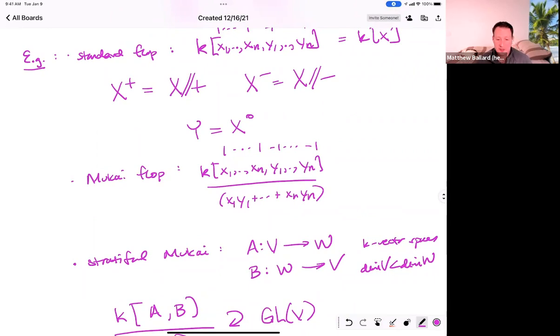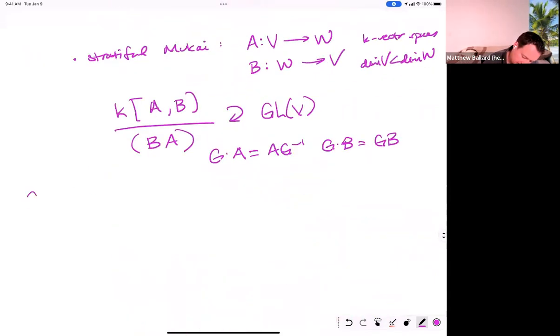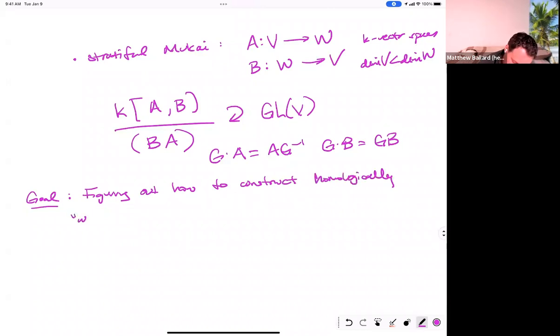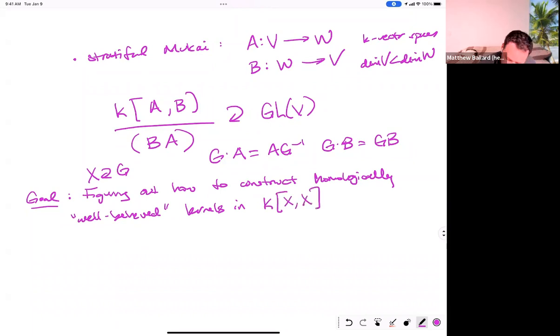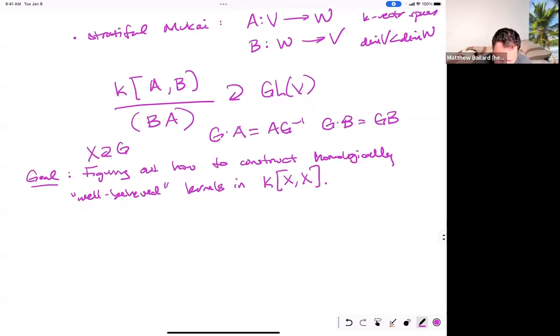So what I'm going to be interested in is, can we figure out a way to construct interesting, homologically well-behaved kernels, where I have G acting on rings of functions on X cross X. Again, for simplicity, I'm talking about affine stuff, but the question is very easy to reduce to that.